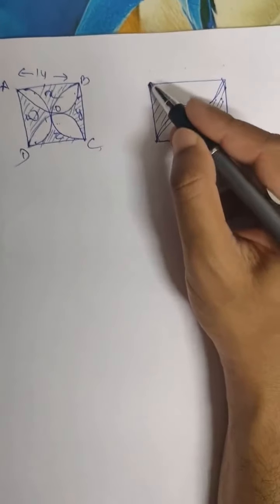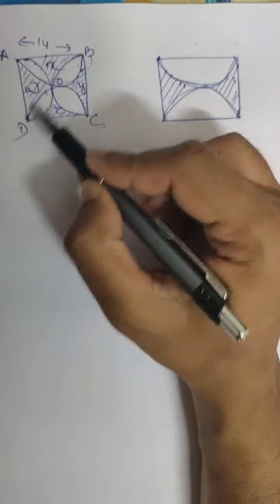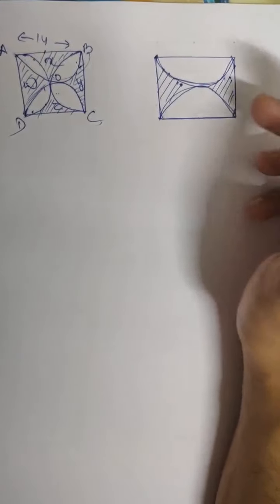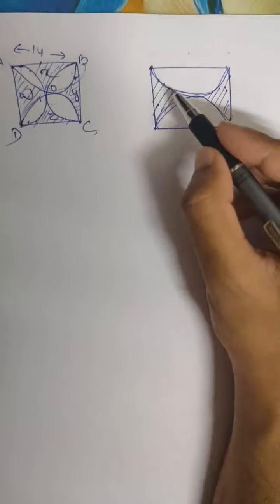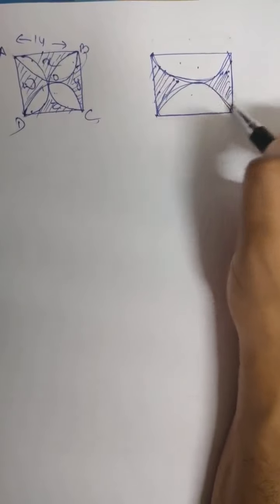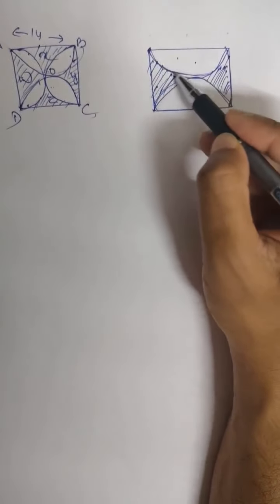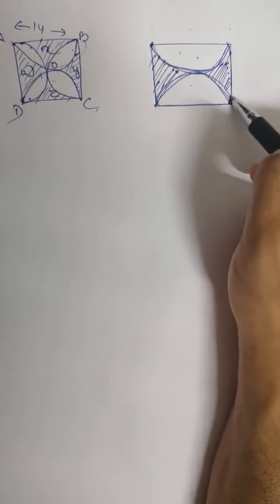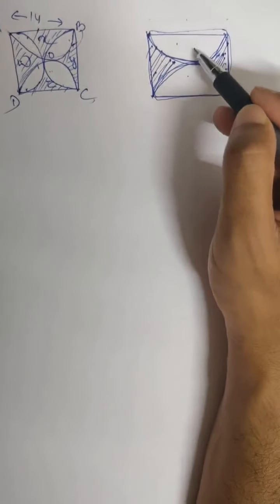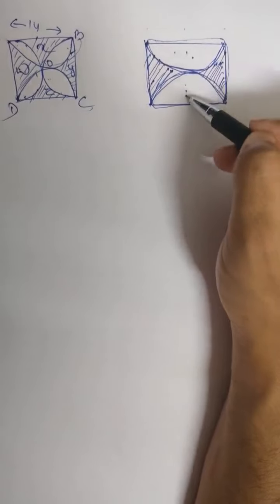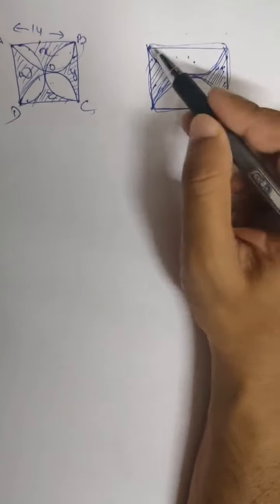I have taken these two semicircles only, just to simplify the solution so that we can find the solution in an easier way. And this is the shaded part. These two are semicircles. It's a square. We can easily find the area of this semicircle and this semicircle, and also we can easily find the area of this square, and then we can sum up these two and subtract it from the square, right?